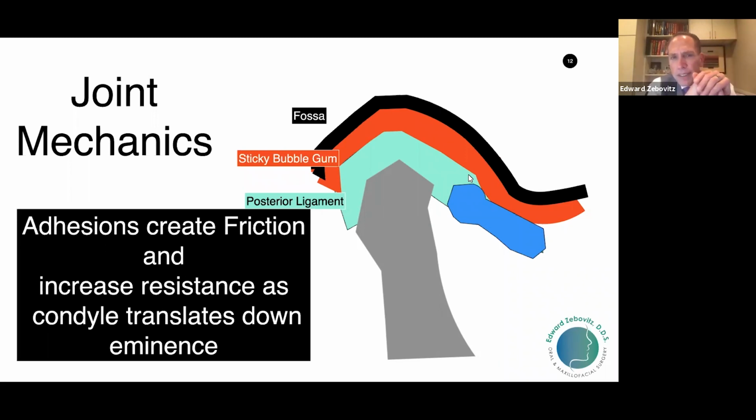So now if you imagine that the sticky bubble gum is lining the fossa and the top of the retrodiscal tissues or the posterior ligament, then every time we move our jaw, friction is being created. Normally in a normal joint, we have a layer of bone, a fibrocartilage layer, a layer of synovial fluid, our meniscus, on the undersurface a layer of synovial fluid, and our condylar head.